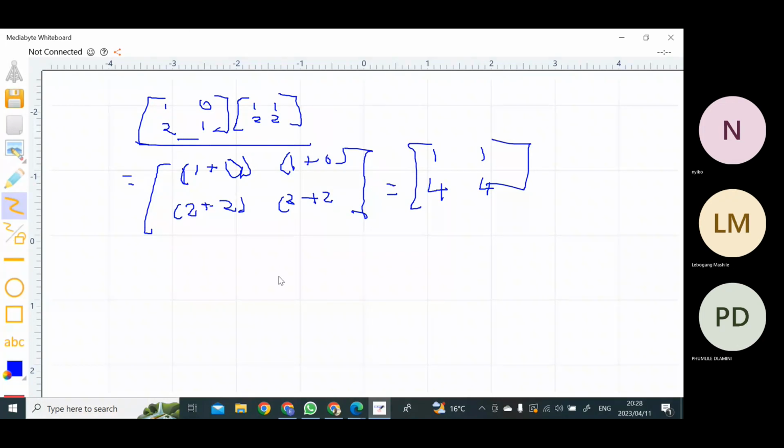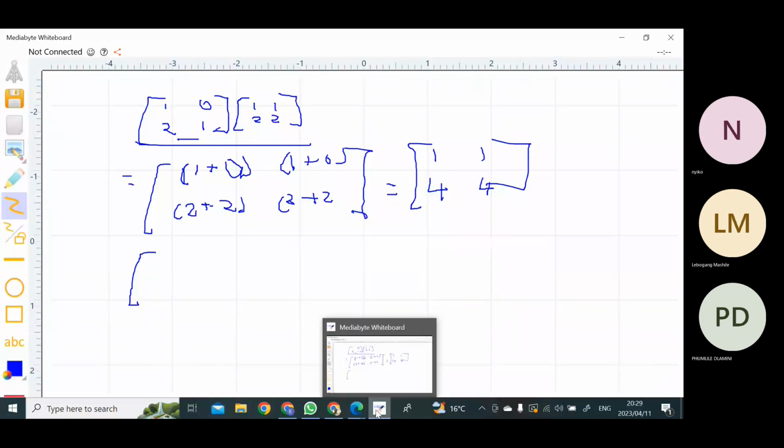Sometimes you might also be multiplying a matrix of 3 by 3, or maybe 4 by 2 by 3. It depends on the question, but you use the same process that I've given to you. If they gave you a matrix, for example, let me open your book.